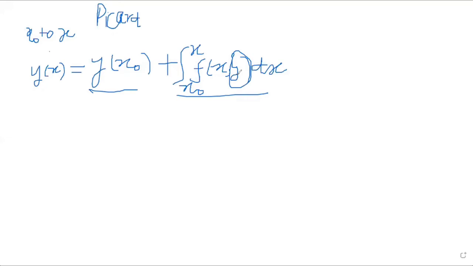So this is basically creating a problem. Am I right? Yes, sir. So then what we will do, we will basically generate a sequence of approximations, and of course you might have studied in the existence and uniqueness of the solution of this initial value problem that the sequence converges to the exact solution. Am I right?